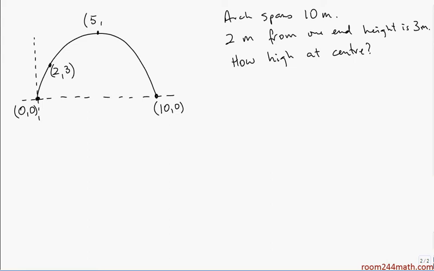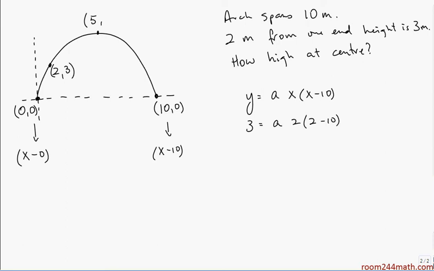So a root of 0 leads to a factor of x minus 0, in other words, just x. And a root of 10 leads to a factor of x minus 10. So the equation of this parabola is y equals a times x times (x minus 10). And we can plug in the one point that's not on the x-axis, 2, 3, to figure out the magnitude of a.